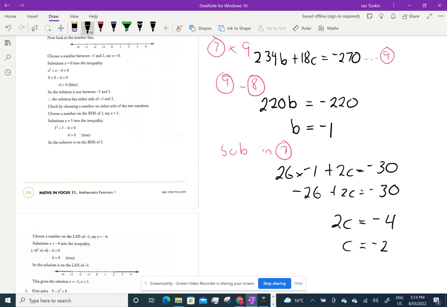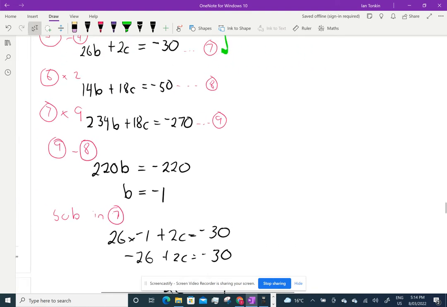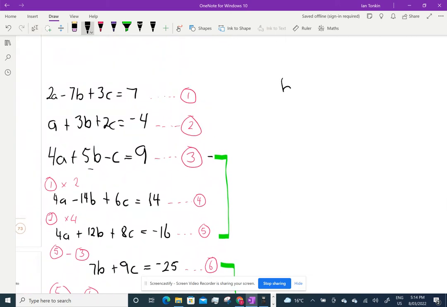Now, because we've done so much manipulation with all these different equations, I'm going to go right back and use the original equation. So what do we have? b equals negative 1, c equals negative 2. Now, we need to find the a. So obviously the best one to sub it into is number 2. So sub into 2.